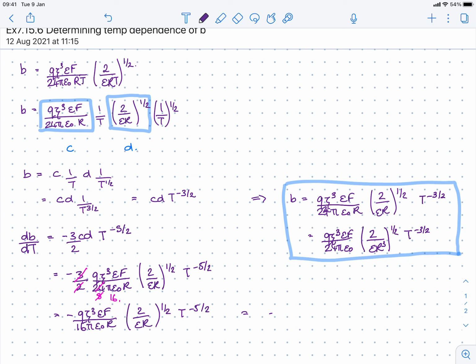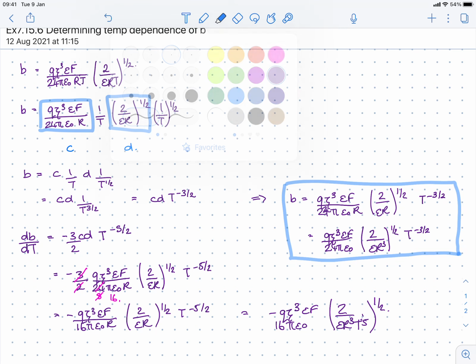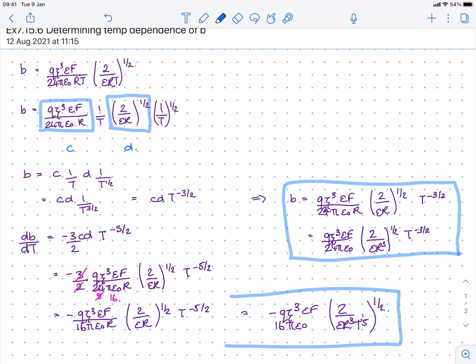And so an equally valid statement for this would be qz cubed epsilon f over 16 pi epsilon naught into 2 over epsilon r cubed, just using that result from above, and then t to the 5, all to the half. So again, there are various perfectly fine ways of writing your final answer, particularly when you've got a lot of algebra about.